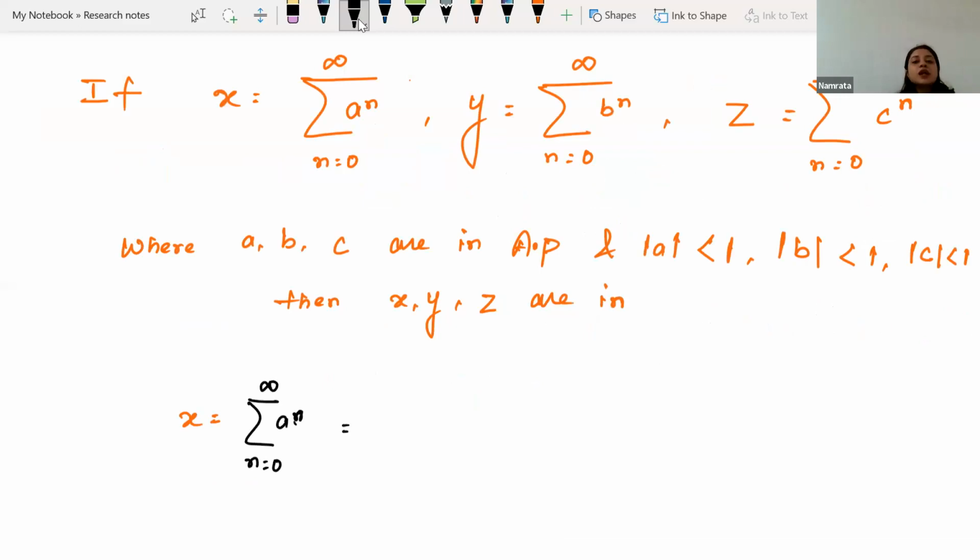Summation means we are just adding the terms. So if we put n as 0, it will be a to the power 0, plus if n is 1, it will be a to the power 1, plus if n is 2, it will be a to the power 2, plus if n is 3, it will be a to the power 3. Just like that it will keep on going, right Lena? Yes, ma'am.